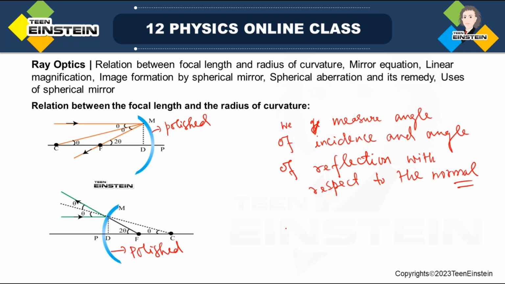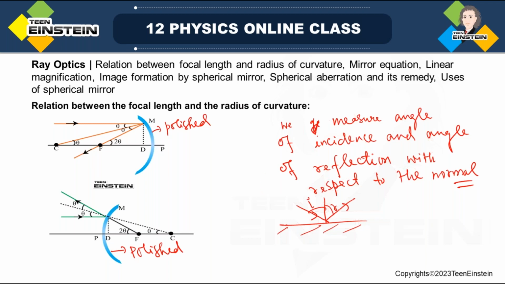See, how do you get a normal in case of a curved surface? In case of a plane mirror, we know this is the normal, right? And this is the incident ray, this is the reflected ray, this is the angle of reflection. So with respect to the normal itself, we have to measure the angle of incidence and angle of reflection.